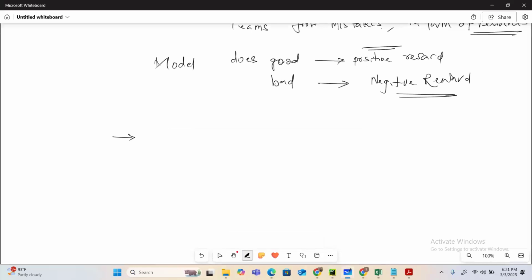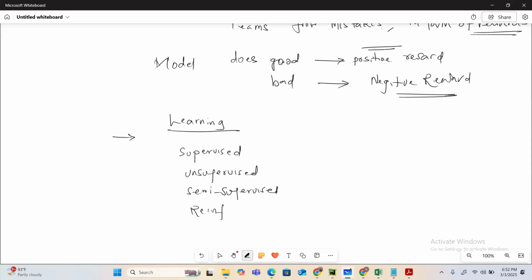Okay. Now the thing is learning: supervised, unsupervised, semi-supervised, reinforcement learning.